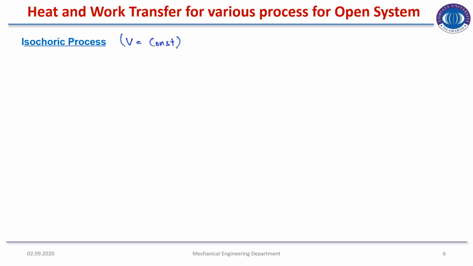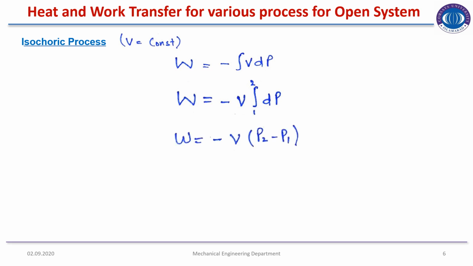Now for the isochoric process. So what is an isochoric process? It is a constant volume process. So the control volume work done for an open system is given by W is equal to minus integration V dP. As in the isochoric process V is constant, it will come out of the integration, and we will integrate the term: W is equal to minus V (P2 minus P1), where P2 minus P1 is the change in the pressure.